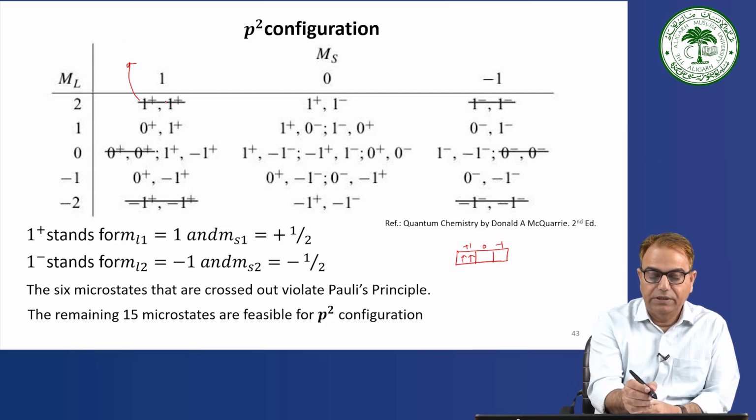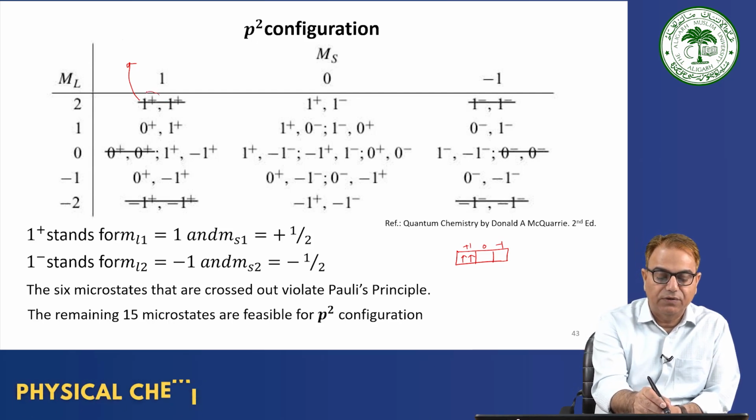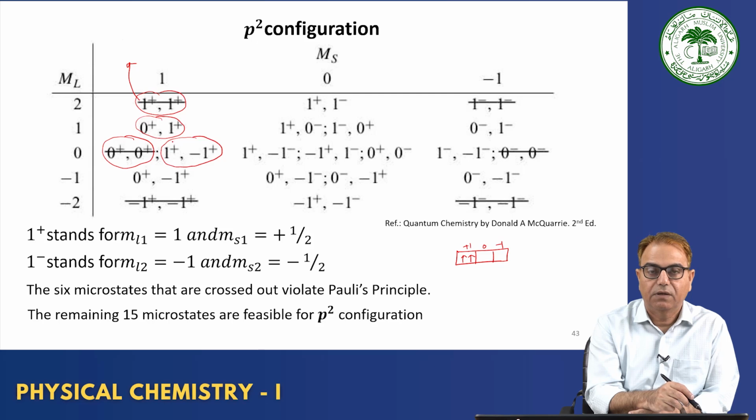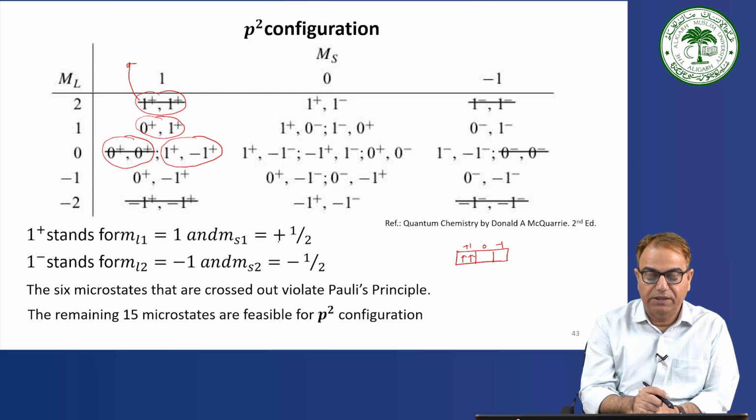See, this represents one particular configuration for the 2 electrons. This represents one configuration, and this represents another. This 1 plus stands for ML1 equal to 1 and MS1 equal to +half.